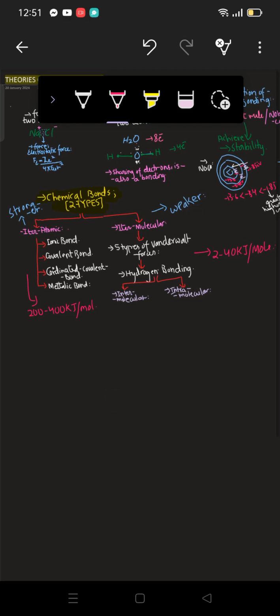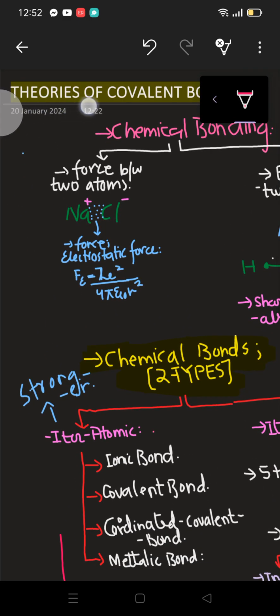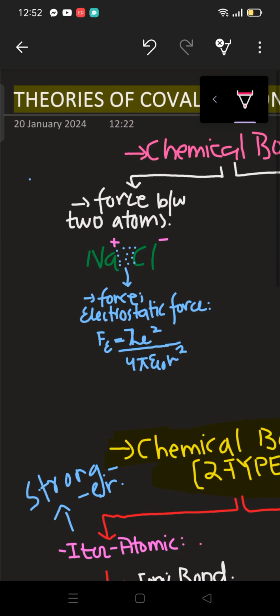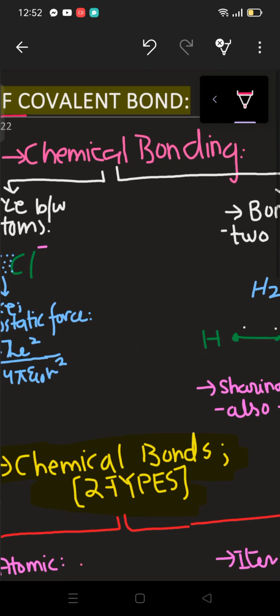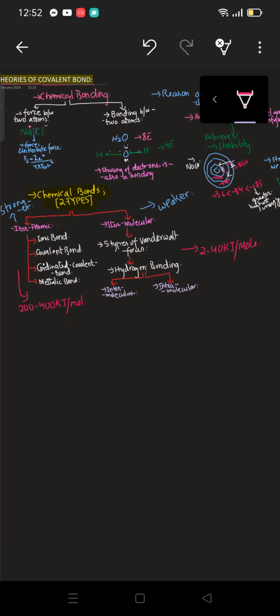Our main topic is the theories of the covalent bond. However, initially we need to look into the general introduction so that we can understand them. The theories of covalent bond include VBT, valence bond theory, VSEPR, valence shell electron pair repulsion theory, hybridization, and MOT, molecular orbital theory.